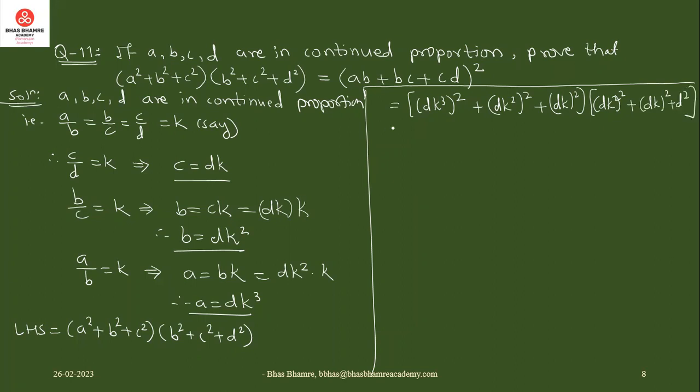We shall open the bracket. So we have D square K raised to 6 plus D square K raised to 4 plus D square K square, into D square K raised to 4 plus D square K square plus D square.